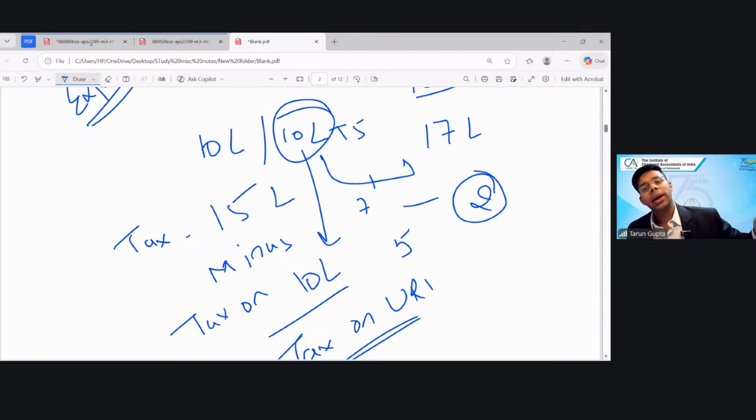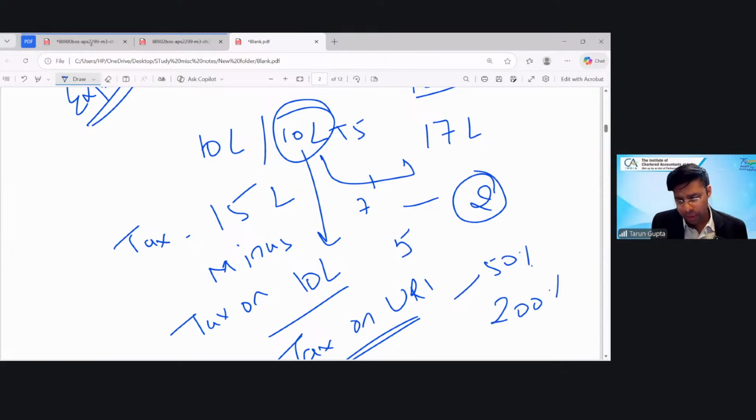You add underreported income to that starting point, compute tax on that income minus tax on the starting point income. The difference is the tax on the underreported income. Then apply 50% or 200% as the case may be.